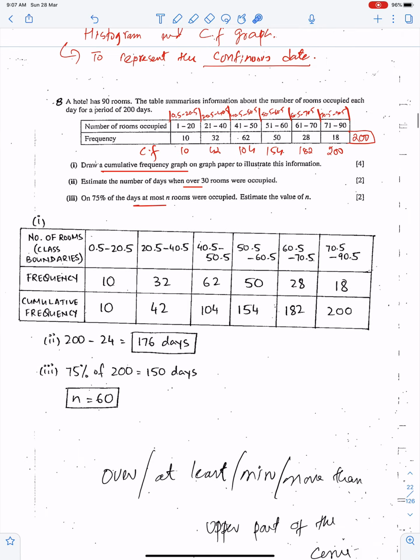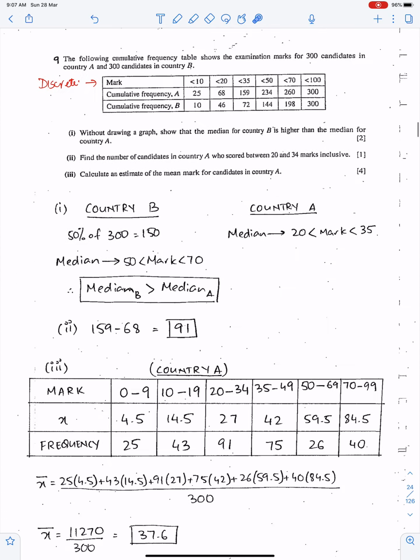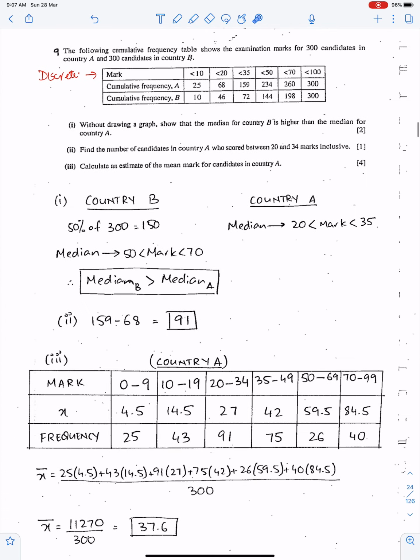Question number 9. See, the data is discrete, and first, for this part, we will construct a frequency distribution. So first we will do this part.